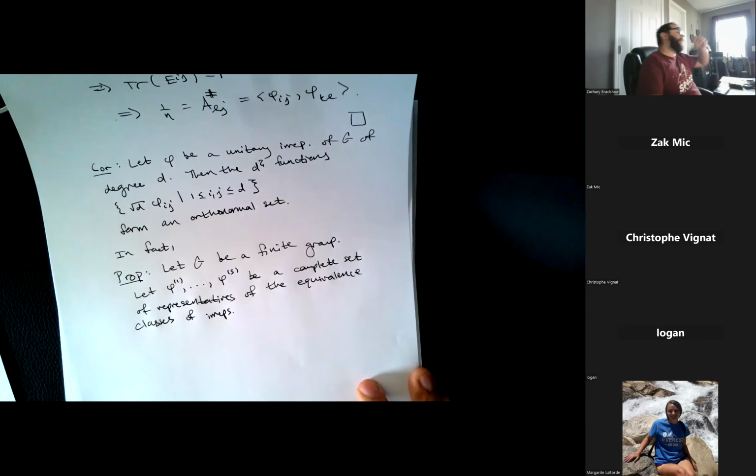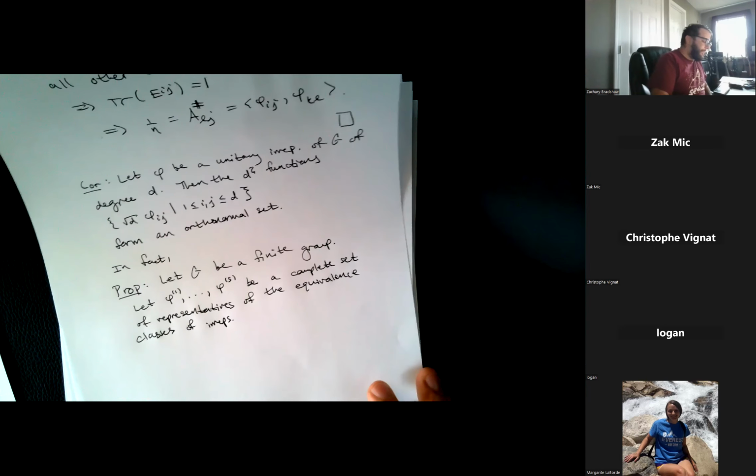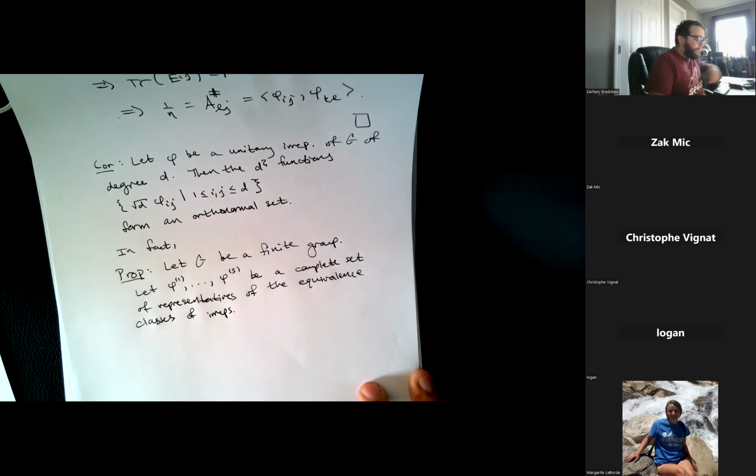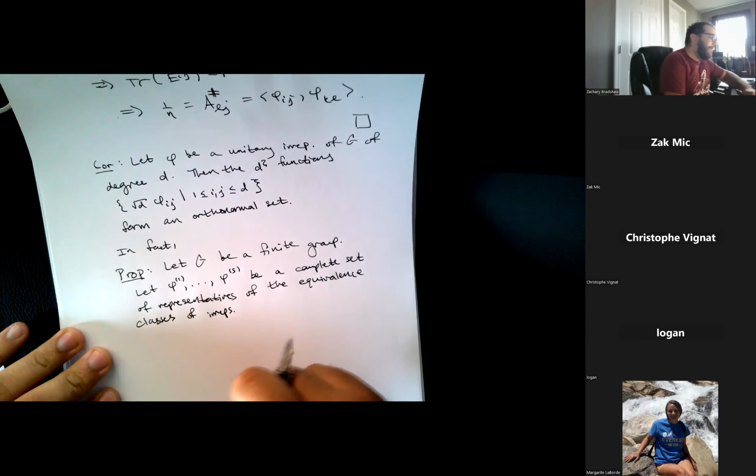You take all of the equivalence classes of irreducible representations. Each class has many different representations in it that are all equivalent to one particular irreducible representation, and we're just selecting from each equivalence class one individual irrep.